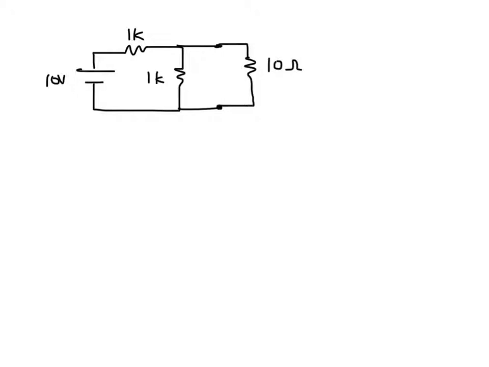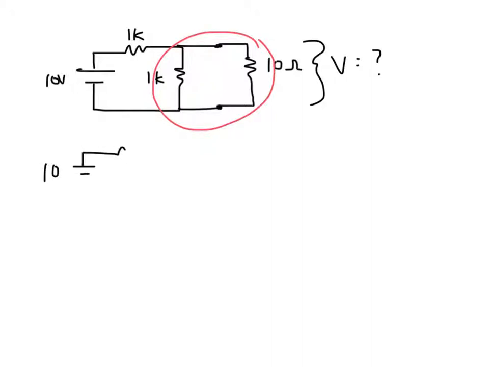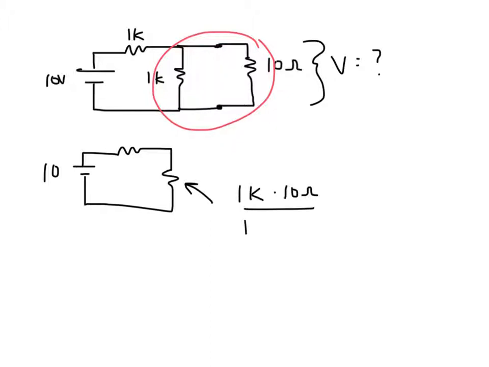In order to find the voltage across that 10 ohm resistor here, we need to first collapse these two resistors together because they are in parallel. To do that, we can redraw the circuit like this, and then figure out what this value is. This would have a value of 1K times 10 ohms divided by 1K plus 10 ohms, which in this case is 9.9 ohms.